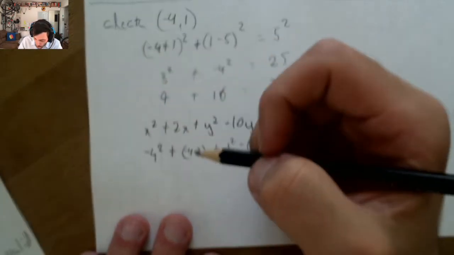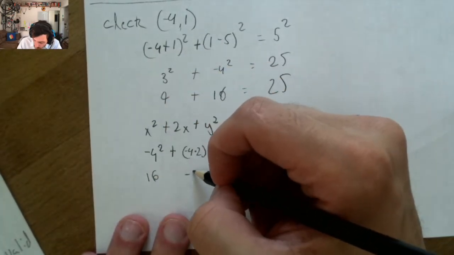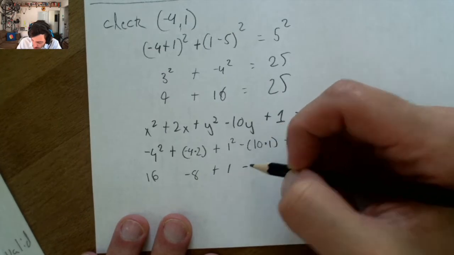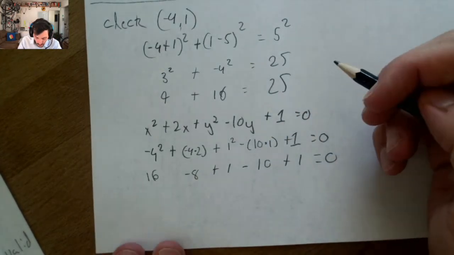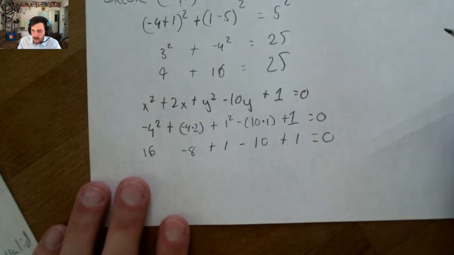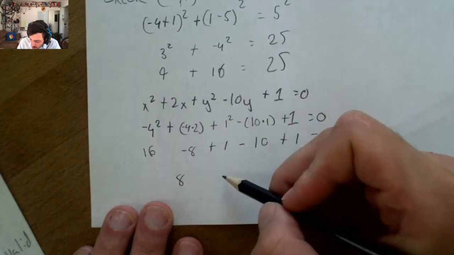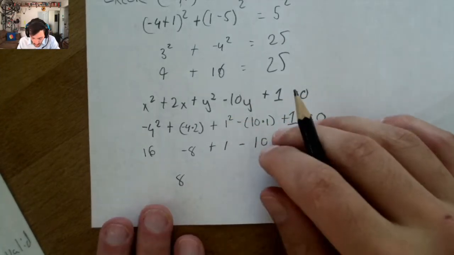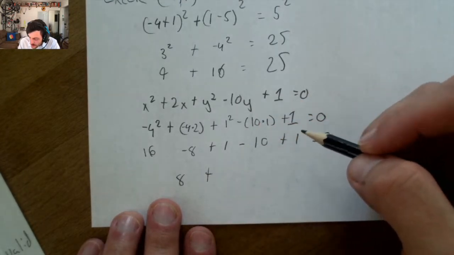All right, so let's put some information down here. If we combine all of our values here, 16 minus 8 gives us a positive 8. 1 minus 10 gives us negative 9.